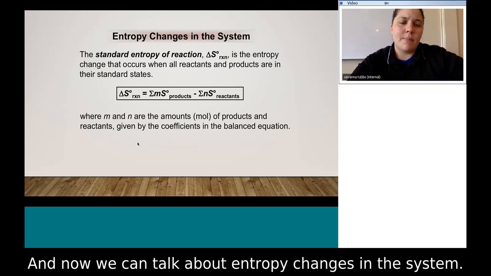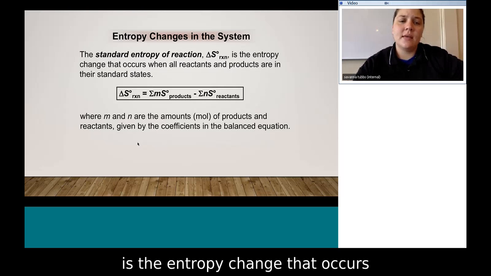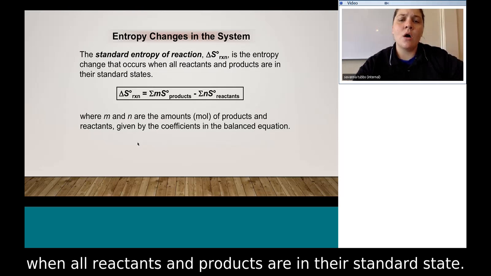And now we can talk about entropy changes in the system. The standard entropy of reaction, delta S naught, is the entropy change that occurs when all reactants and products are in their standard states.